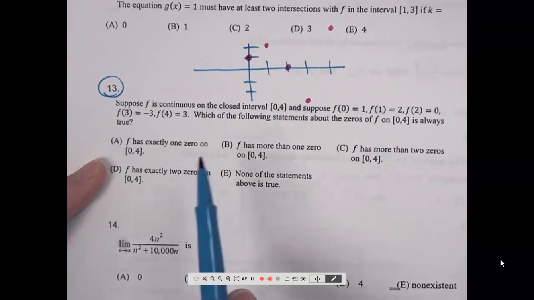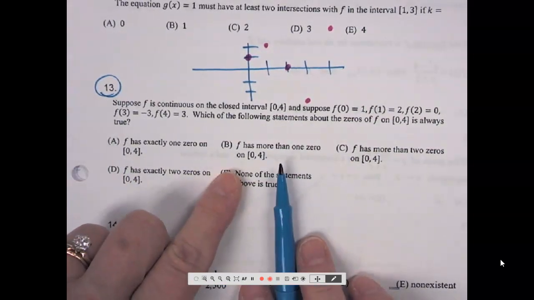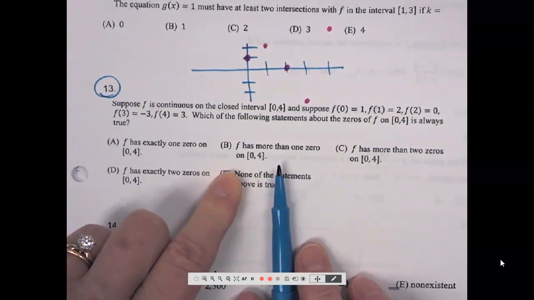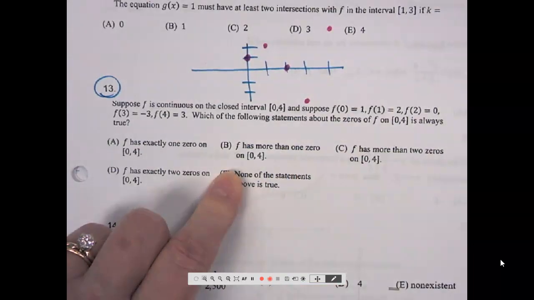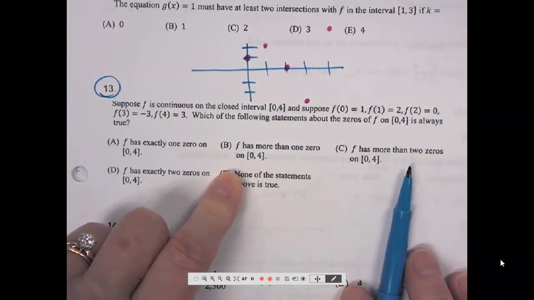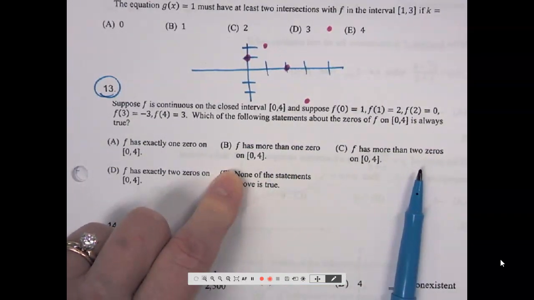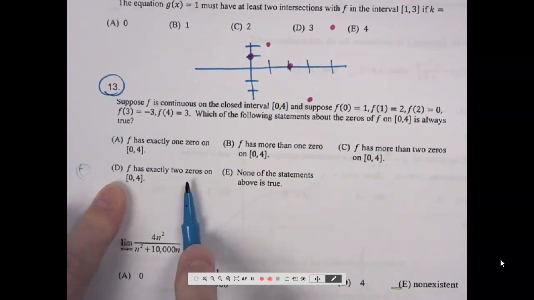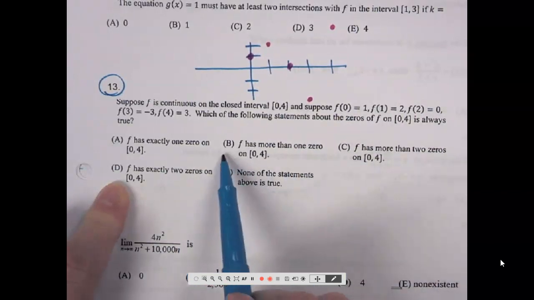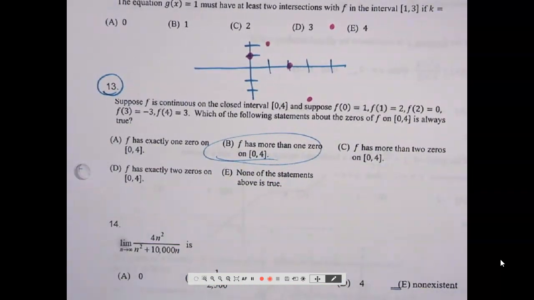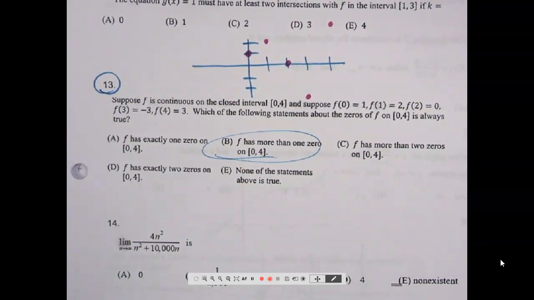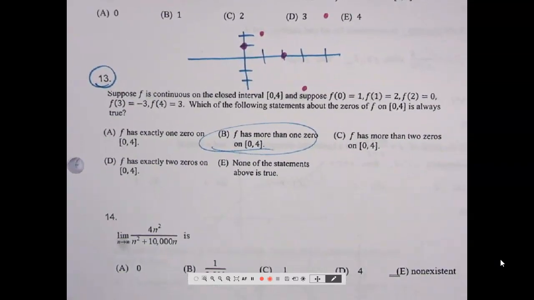And we're looking for always true. Has more than 1 0. Okay, that is true. We know it has to have at least 2. Has more than 2. It could, but that doesn't have to be true. Has exactly 2. It could be true, but there could be more. And none is true. So I'll go with that one as being the best option. Because more than 1, I know there has to be at least 2. Anything else on this page?